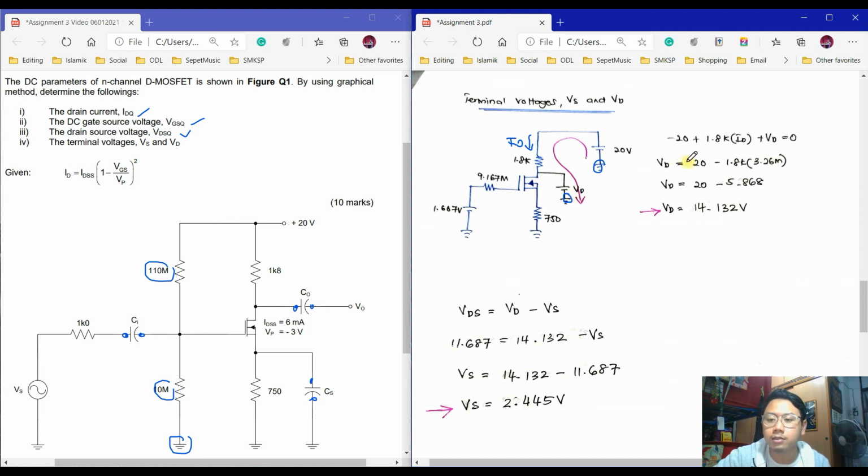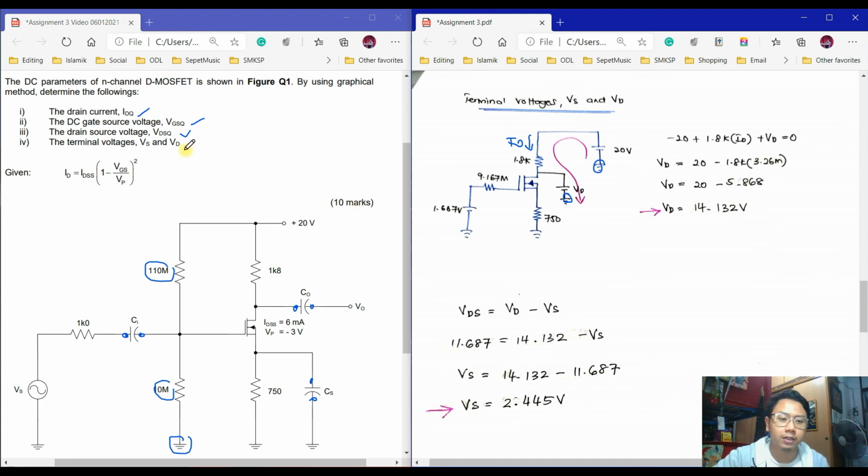And Vd is equal to 20 minus 1.8 K ID. And for the ID, we will use the value before, which is 3.26 milliampere. And the Vd value we will get is 14.132 volts.